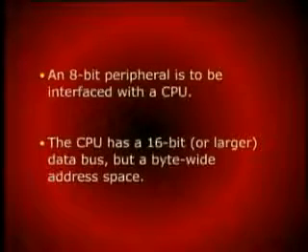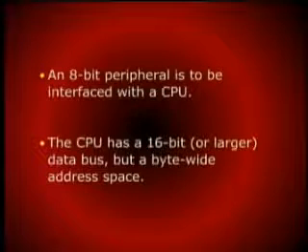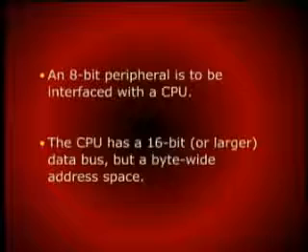Consider the situation where an 8-bit peripheral device is to be interfaced with a CPU that has a 16-bit or maybe even larger data bus, but we need a byte-wide address space. Falcon A is a typical example of this particular situation.